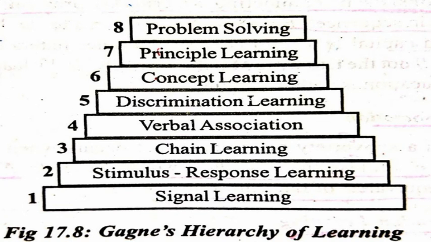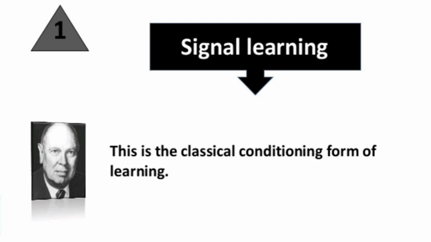When we acquire this type of learning, lastly we will go to the step of problem solving. So we can finalize to learn to solve a problem. So now we will see one by one.